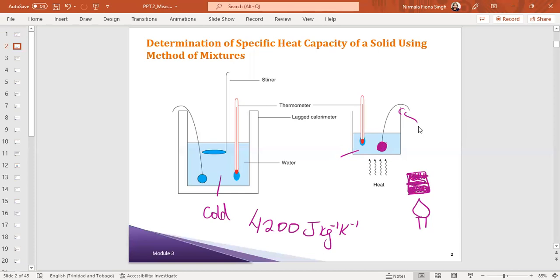So we take this hot object, where we know it's 100 degrees Celsius, and put it into the cold water. We stir it around a little bit, and then we can record the temperature of the water. Now let's see why we're doing this. We all know if you take something hot and mix it with something cold, the temperature is going to drop. Correct?